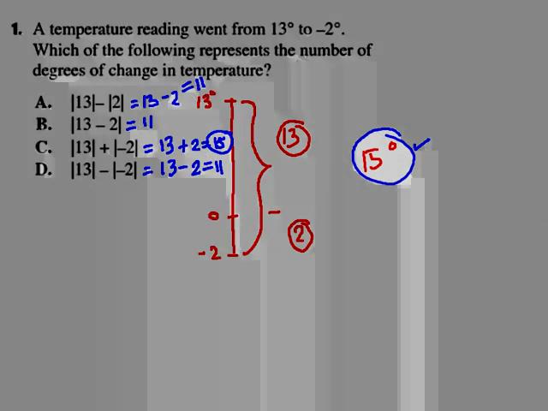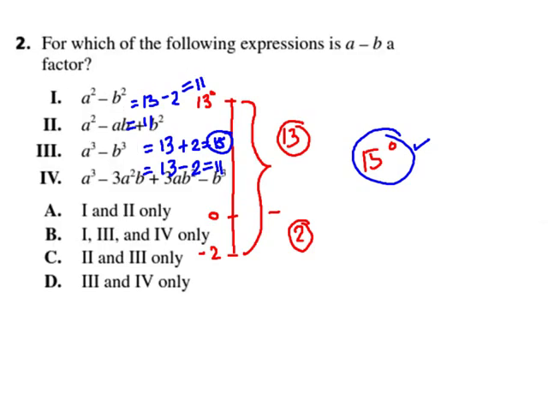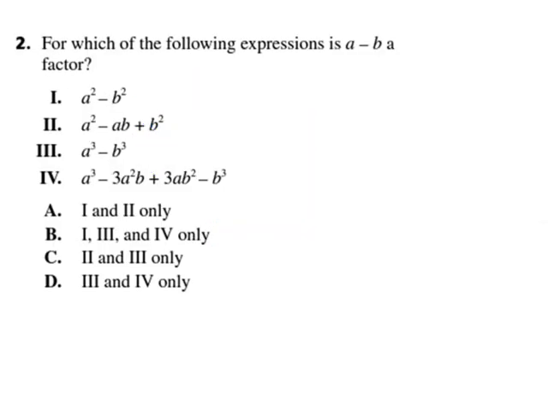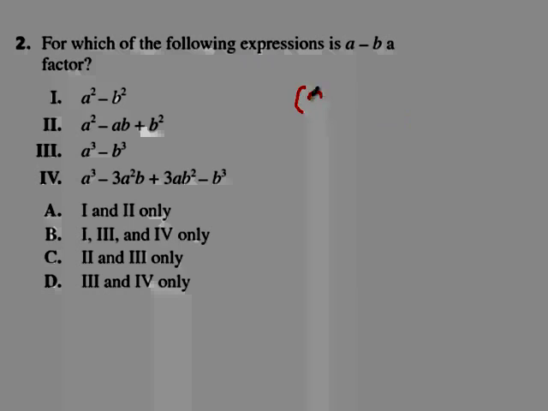Let's go to the next question. Here's our next question. For which of the following expressions is A minus B a factor? When we say A minus B is a factor, that means we can write the expression in the form A minus B times any other number, as long as A minus B is one of the factors.